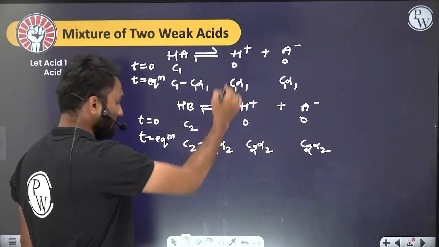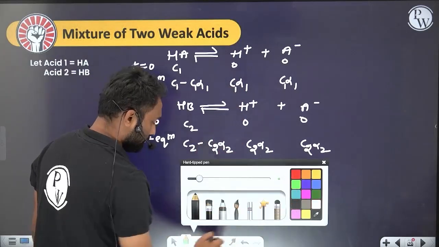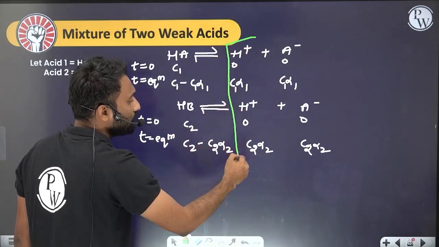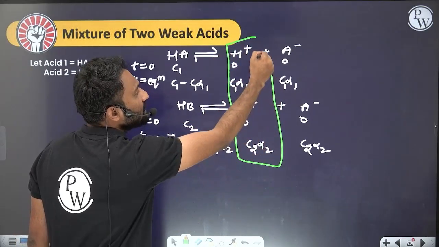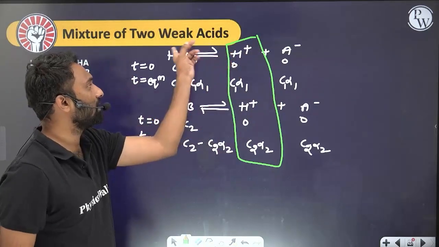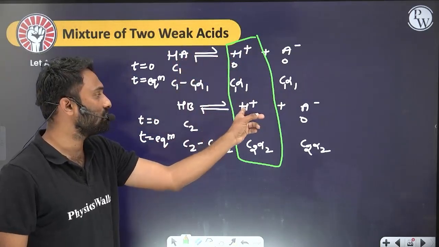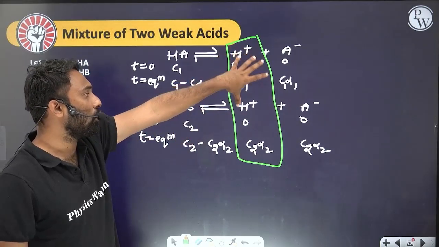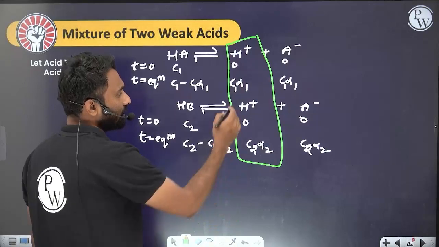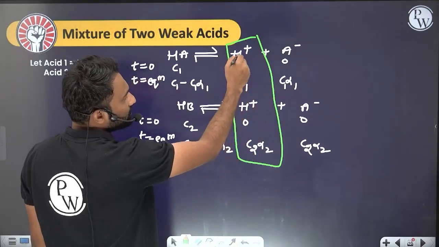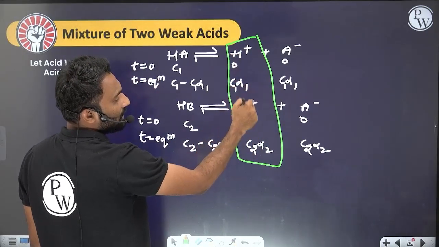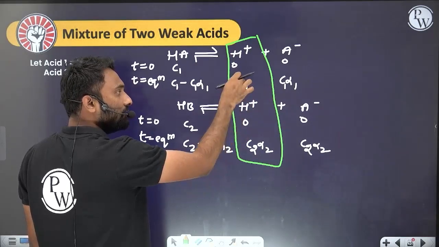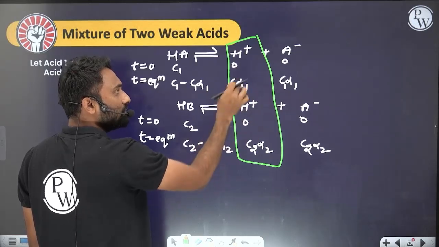This H plus ion concentration is the total in the solution. One H plus has come from one weak acid, and another H plus has come from the other weak acid. So the total H plus ion concentration: first the H plus ion concentration is C1 alpha 1, and this H plus is also in the solution, so we have to add this concentration to it.